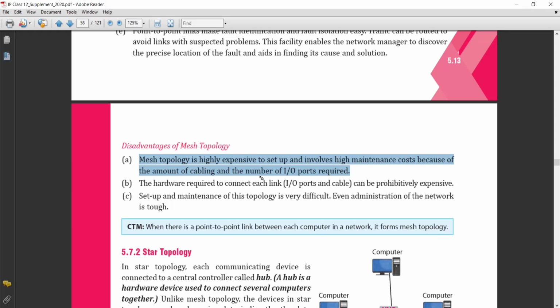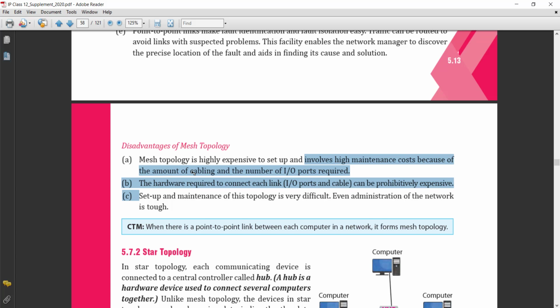So it is very costly. The hardware required to connect each link can be prohibitively expensive. You also note down this feature, and setup and maintenance of this topology is very difficult.